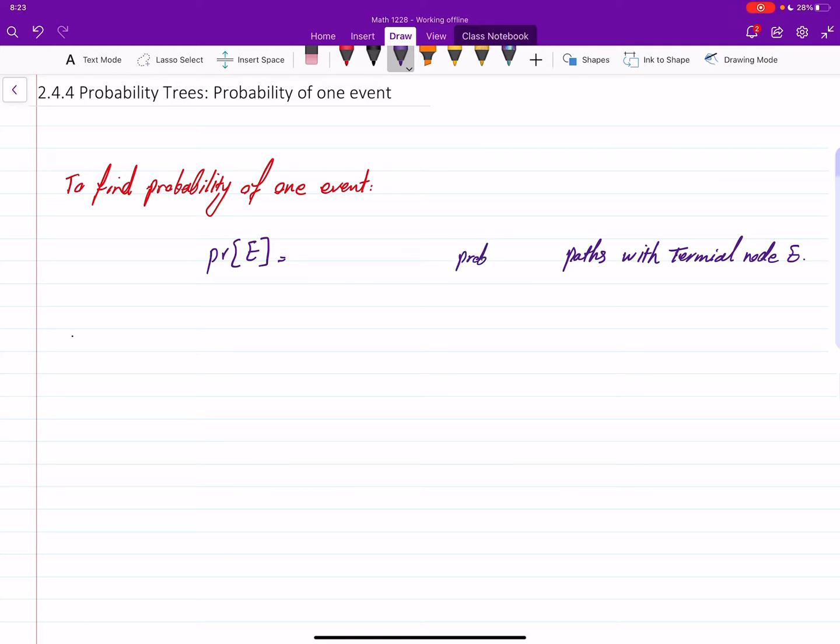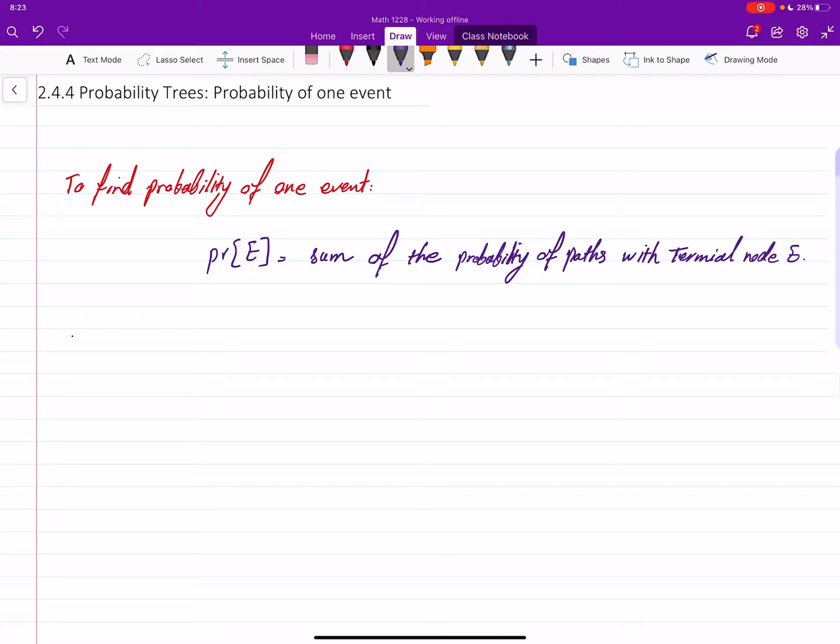And you know that to find the probability of a path, you have to multiply the numbers along that path. Probability of paths with terminal node E. Then add all those things. So this is the new part: when you're looking for one event, there might be more than one path which ends at that event.